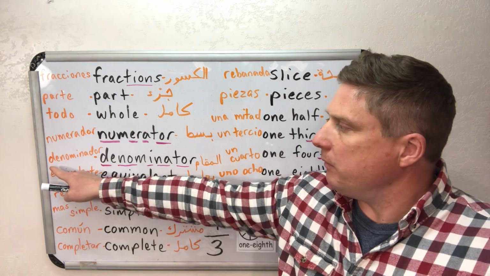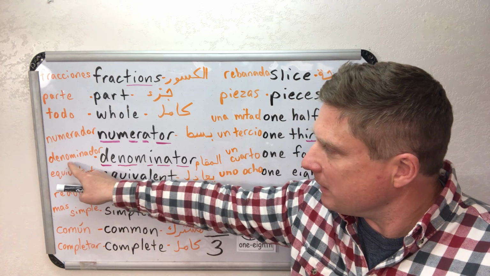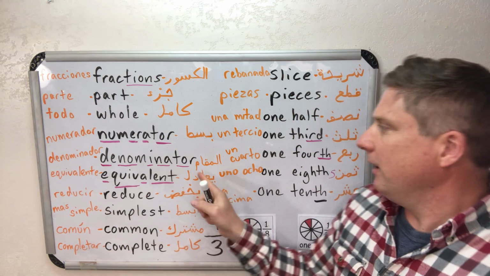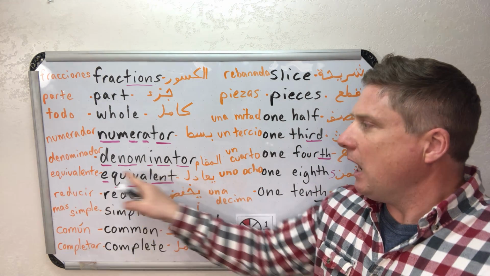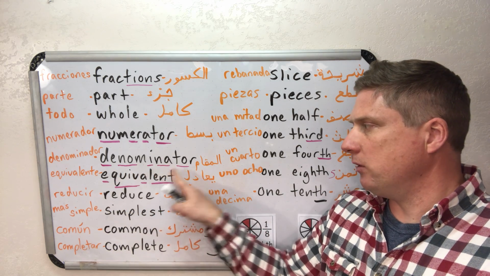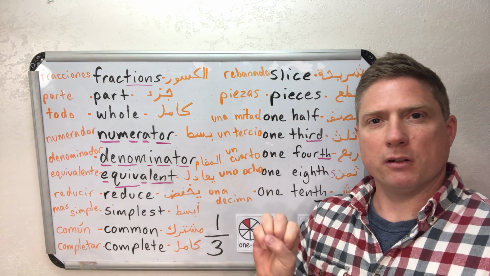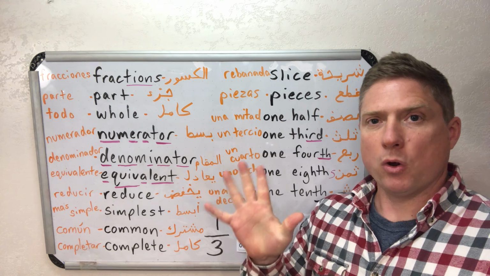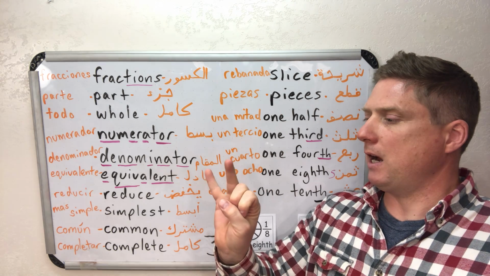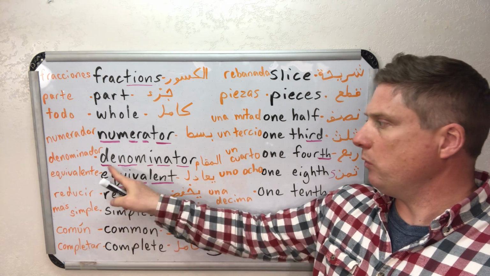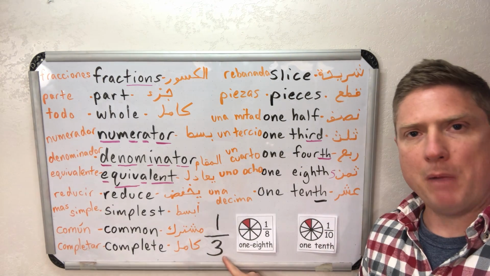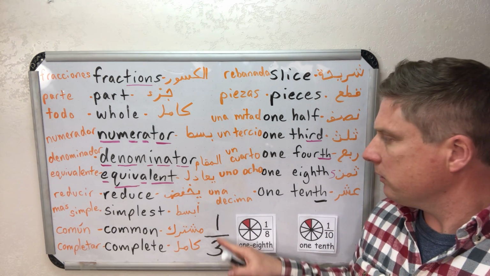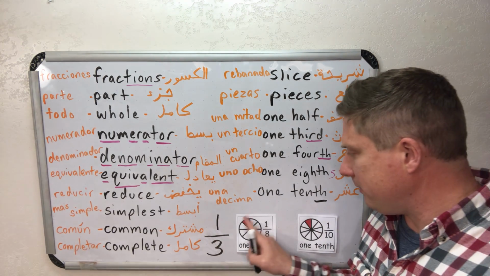And then on the bottom, the denominator, or المقام, denominator. How many syllables? 5 syllables. Denominator. Big word. It just means the number on the bottom. الرقم تحت. So in this case, this is 1/3. But in this one here, right?